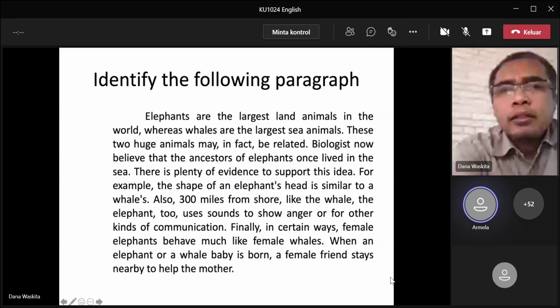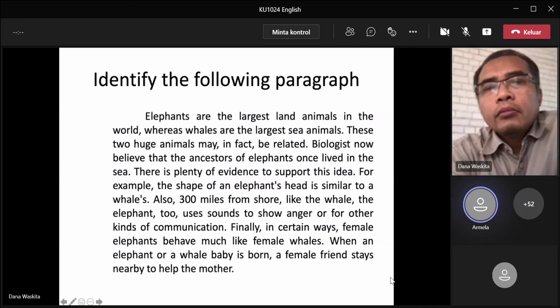Yes, about elephants is similar to whales.